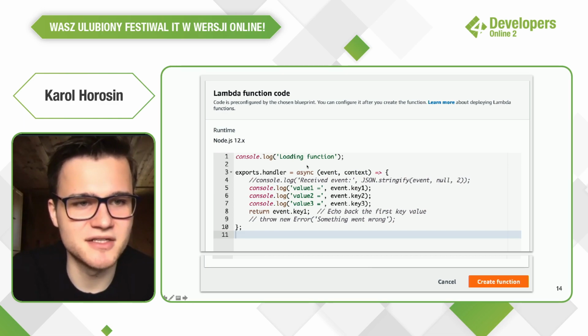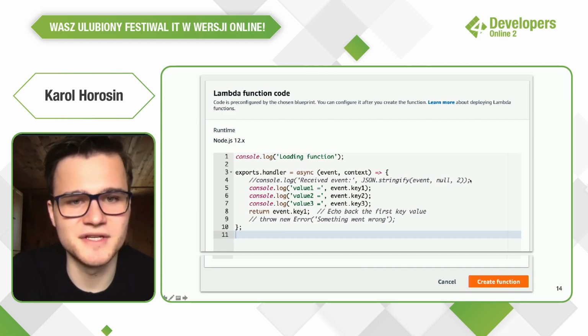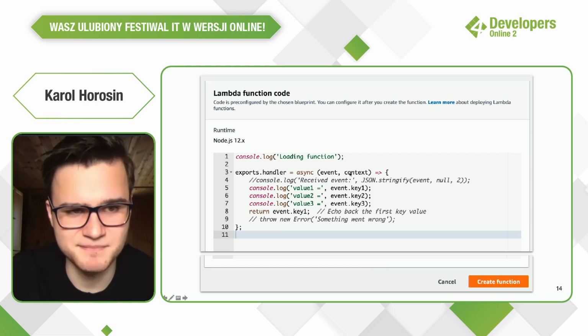But we have a handler, and one thing is that the code before the function also executes. So one thing that's done here, and it's commented out, is that the Lambda function gets two things, event and context.